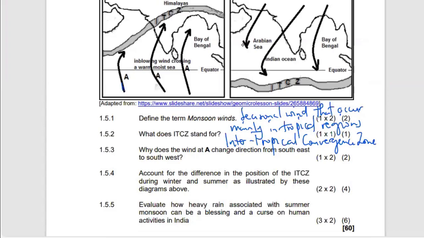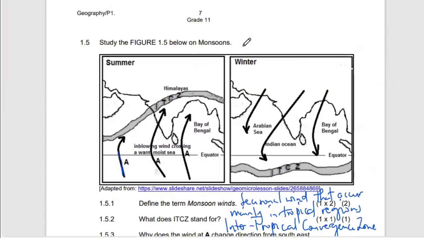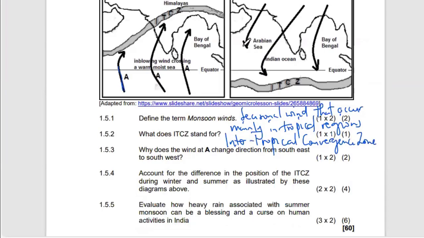At A, you are seeing it was going to southeast to southwest. Why does the wind at A change direction from southeast to southwest?